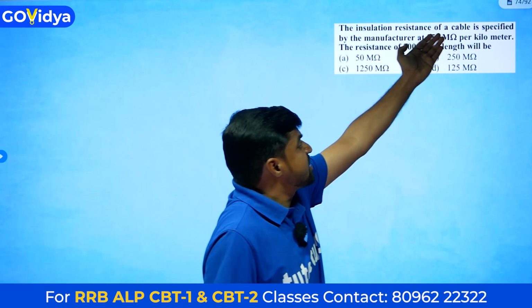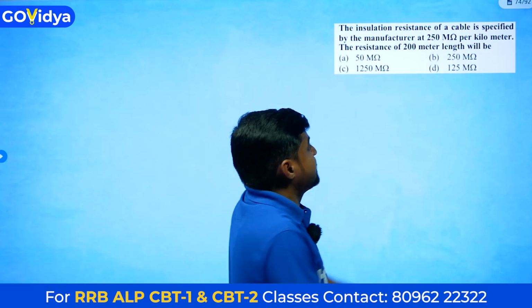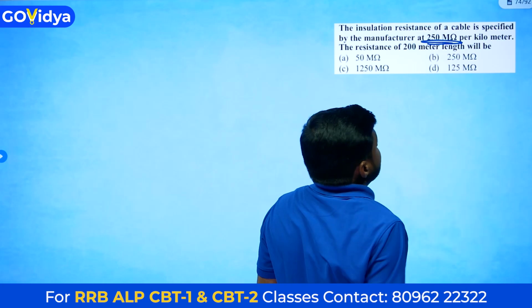Okay, next question. The insulation resistance of a cable specified by the manufacturer is 250 megaohms per kilometer.